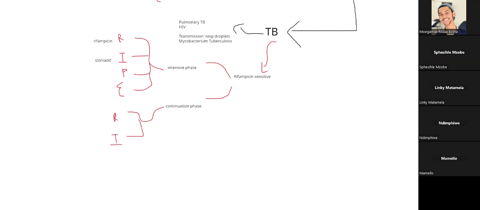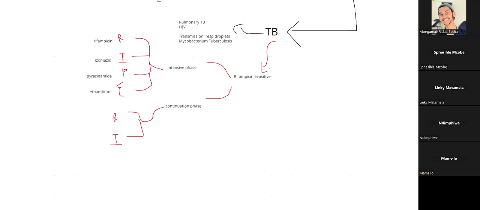Isoniazid, then pyrazinamide, and E for ethambutol. And then R and I for the continuation phase.